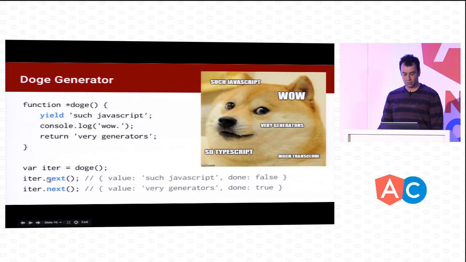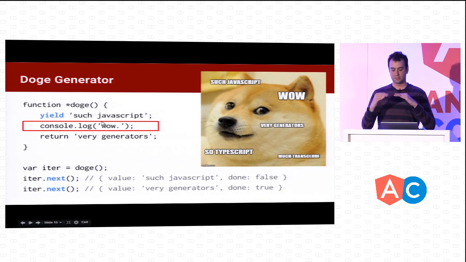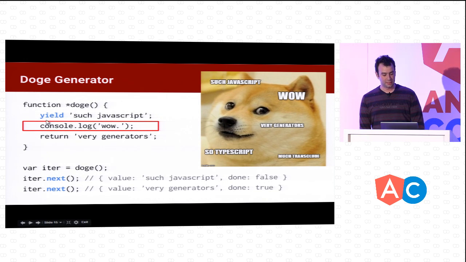So when we call next for the first time, we get the first value that was yielded to us. And when we call it for the second time, we will get this wow on our console because the function will resume executing directly at the point where it was stopped. And then it will give us the return value, which is "very generators."